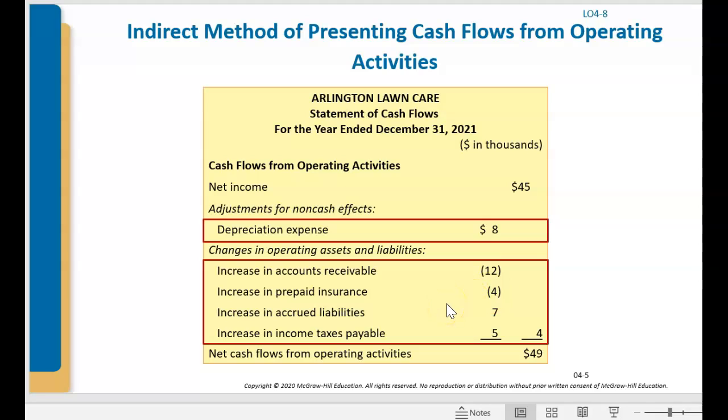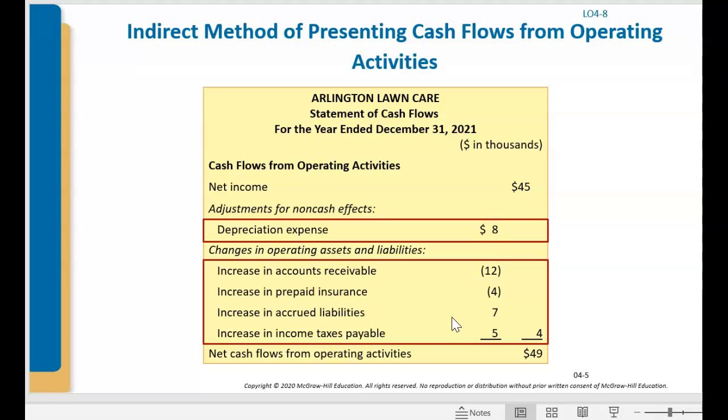And your current liability increases in accrued liabilities and income taxes are increases in cash. I will explain to you the process of determining these amounts when we study the cash flow statement.